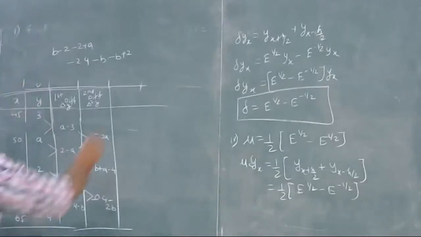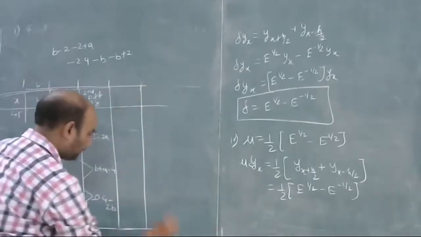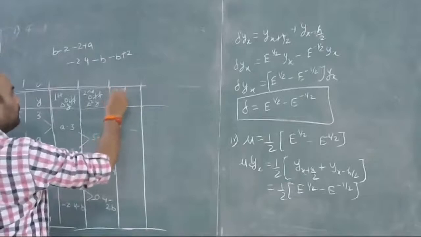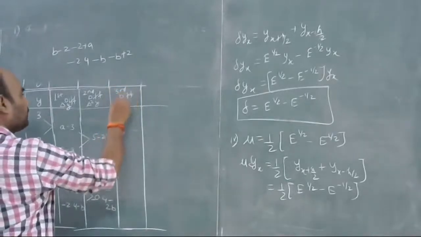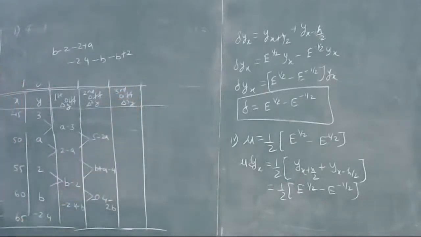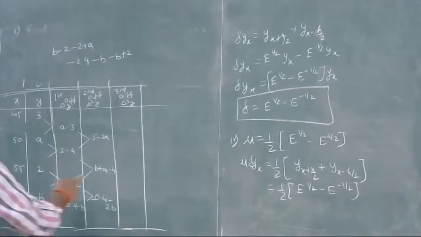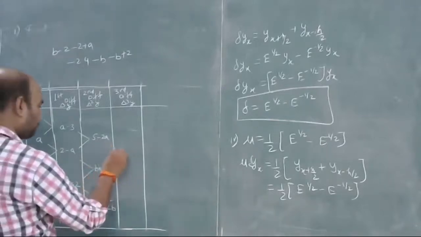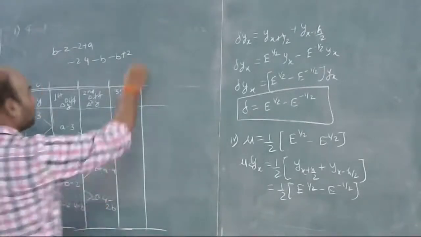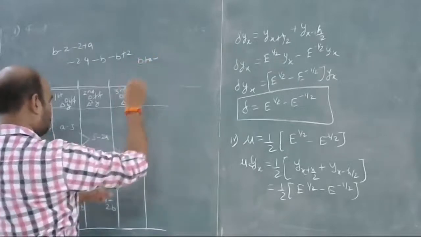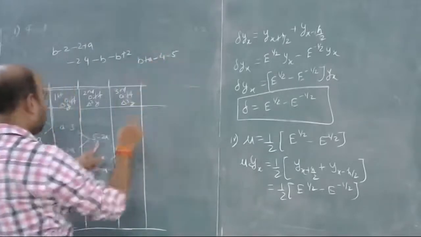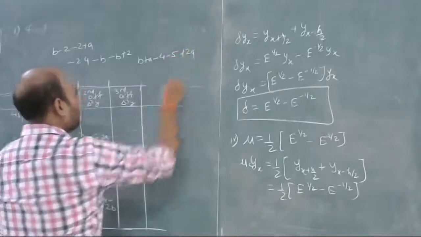Okay, so now third difference, del cube y. Okay, so now subtract this 2. So this is b plus a minus 4 minus 5 plus 2a.